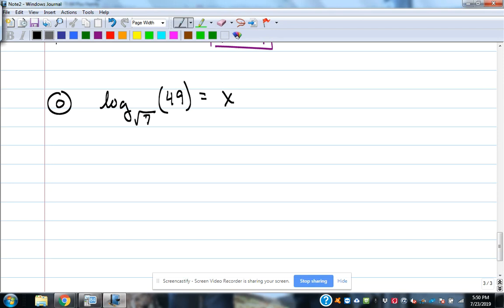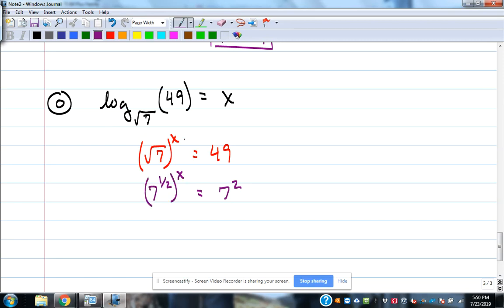So here we have square root of 7 raised to the x power is equal to 49. That's how we're rewriting this as an exponential. The base, the x is the exponent, and whatever's inside of the log, that's what it's equal to. Then I'm going to manipulate that into 7. I know 49 is 7 squared. And I know the square root of 7 is 7 to the 1/2.